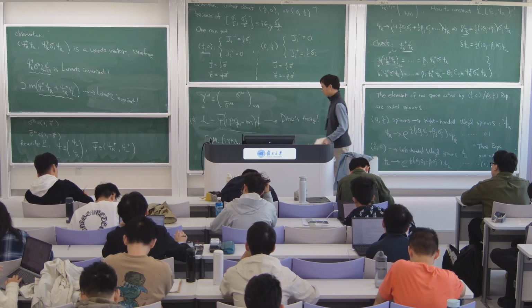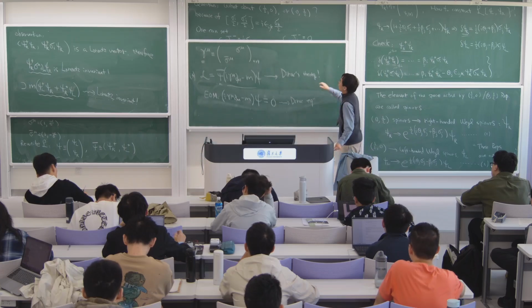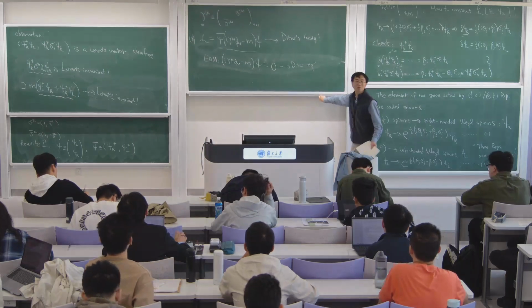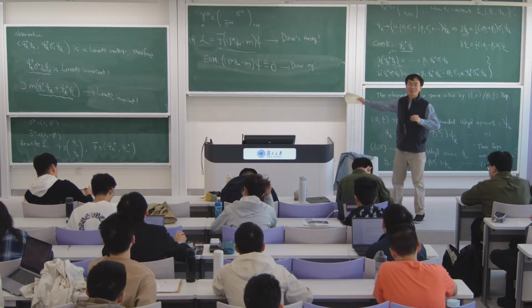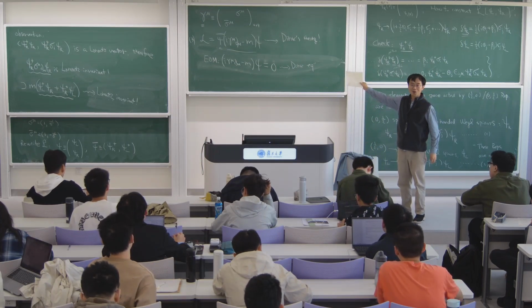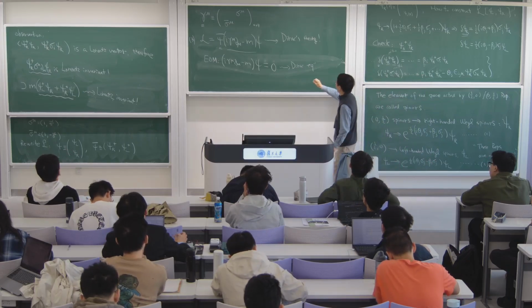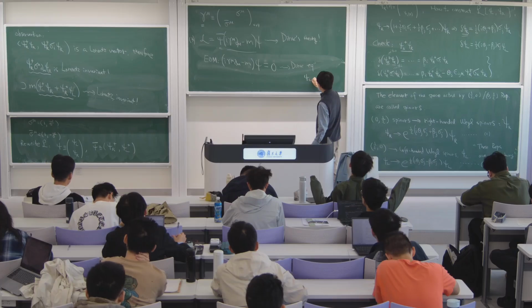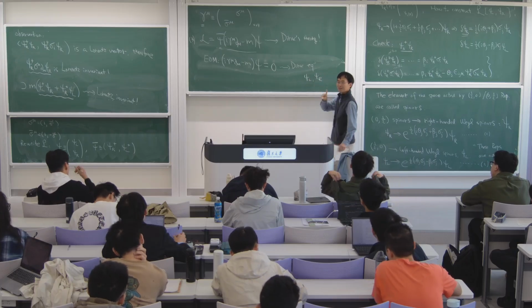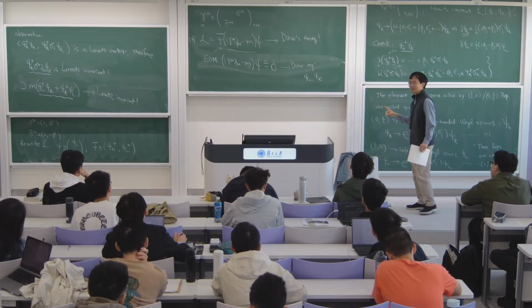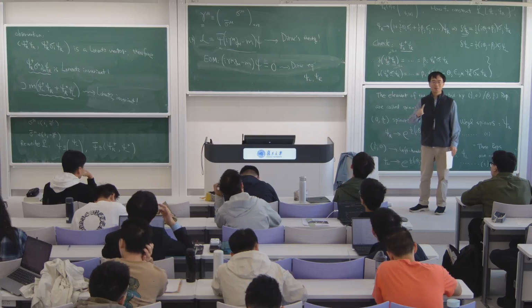Of course, you can also write the Dirac equation in terms of two spinors. This is just an elegant form in terms of four-component spinors. You can also do it for psi L and psi R. Is that clear? No problem.